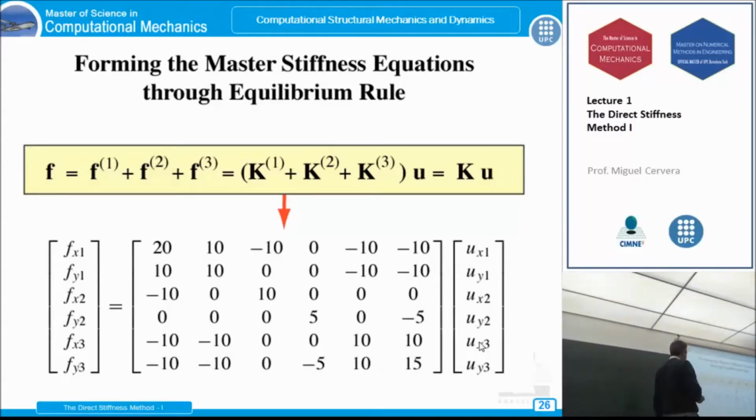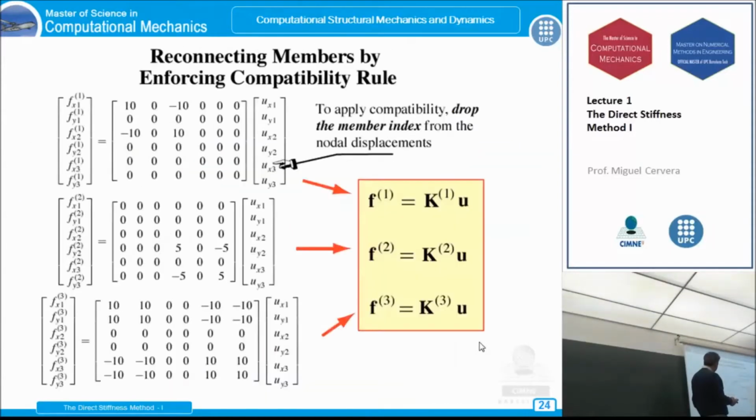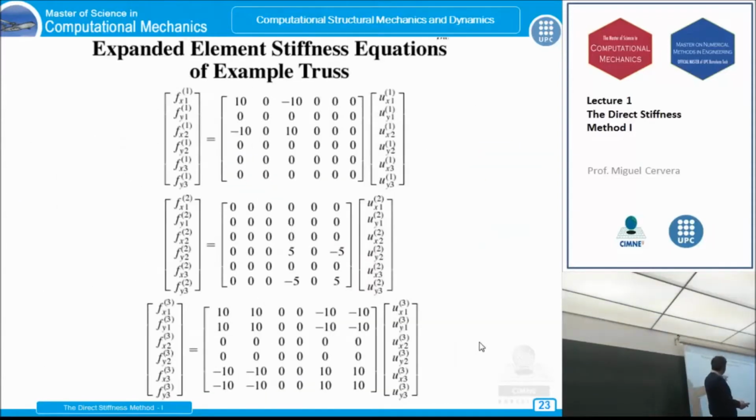Notice that it is as simple as that, adding them together one on top of the other, because we have taken the precaution of expanding them. This is impossible to do in reality. Now, if you don't do that in reality, then you have to know that this 10 and this minus 10 go there, and these 5 go there, and these other numbers go somewhere else.